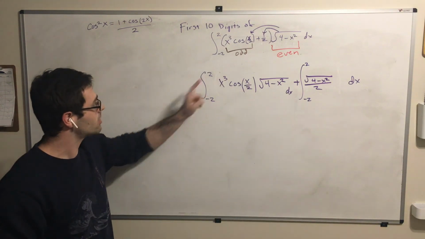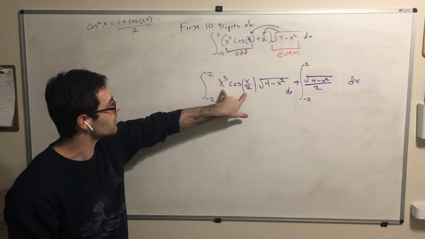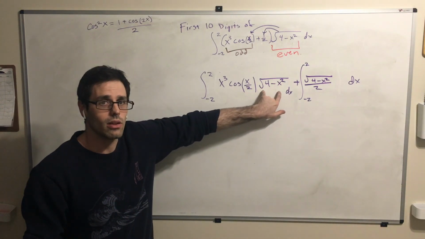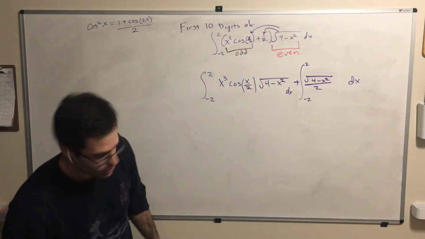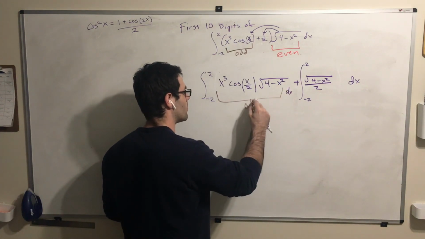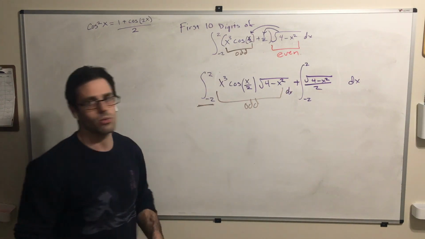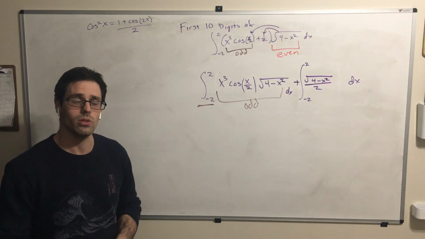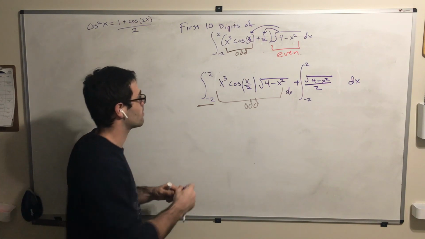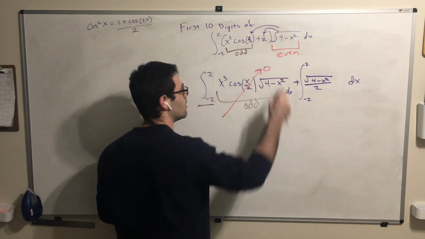I have a symmetric interval. I have an odd function multiplied by an even function, which is odd. So this whole thing here is odd, integrated from negative 2 to 2 with a definite integral. And that means it's all 0.